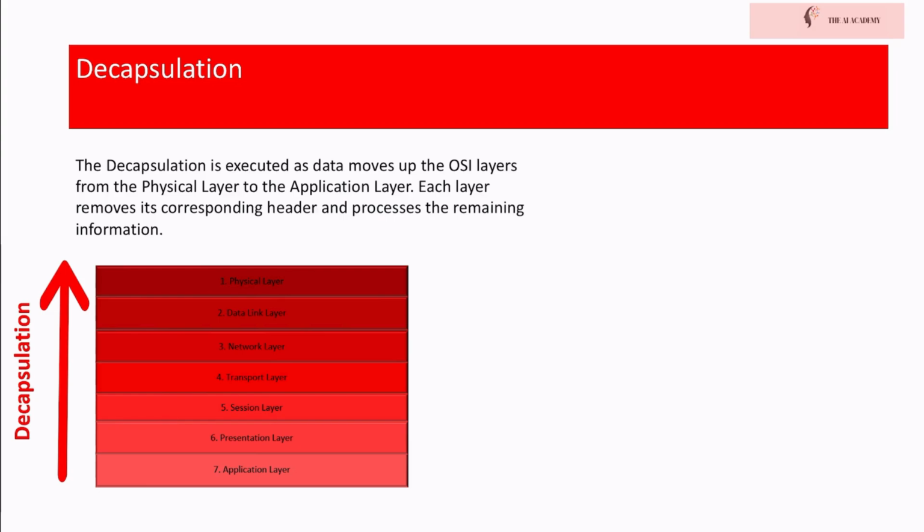And finally, the data reaches the application layer, where it is interpreted and presented to the user in a readable format. The decapsulation process ensures that data is correctly interpreted and utilized at the receiving end, with each layer removing the added information and processing the remaining data accordingly.